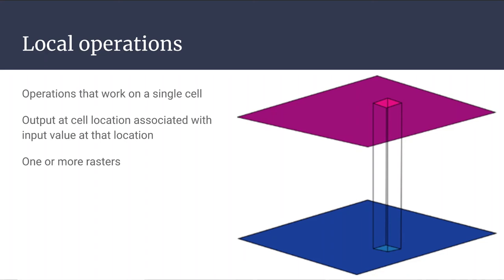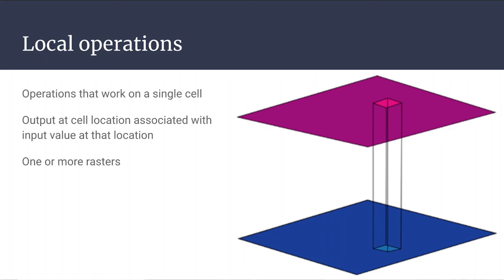The really important part here is that the input and output cells correspond to each other in space. There's a direct link between the input and the output. And what you get as a result is the creation of a new raster from one or more input rasters. The location of the cells will be the same. The value will have changed in some way.